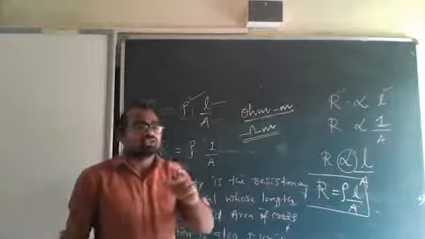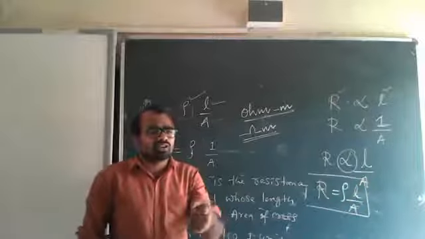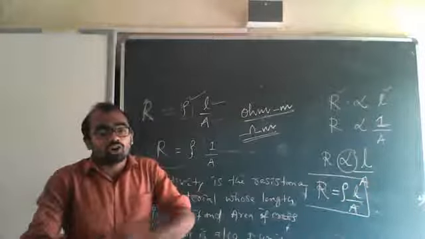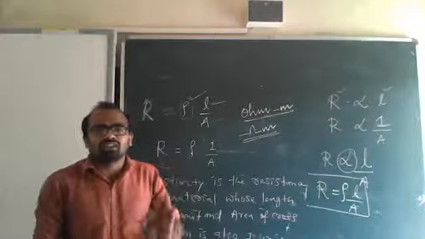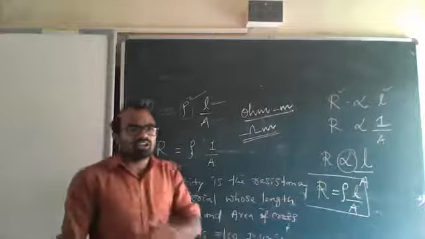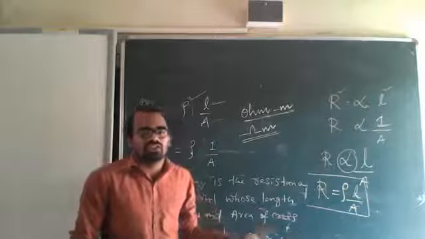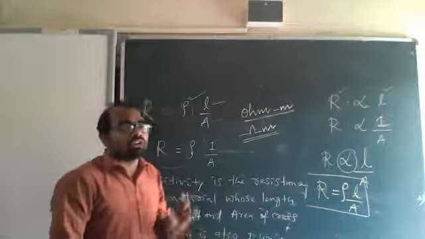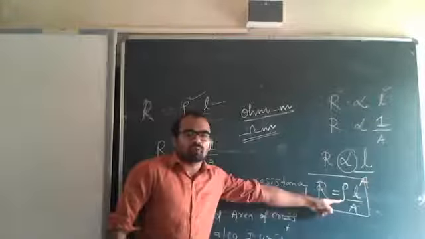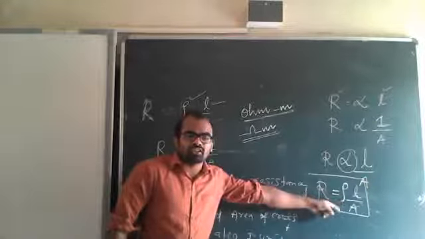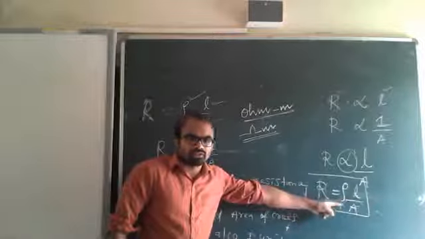It is fixed, or we call it specific resistance. We denote it by rho. Rho is the resistivity or specific resistance.